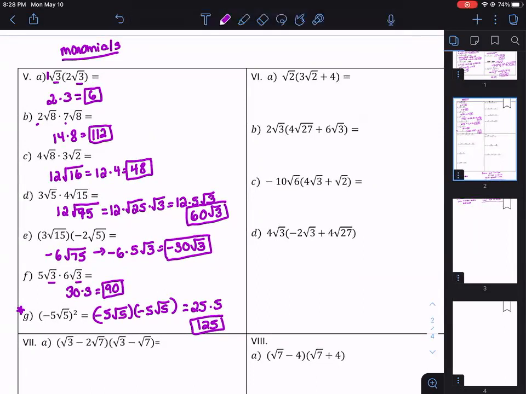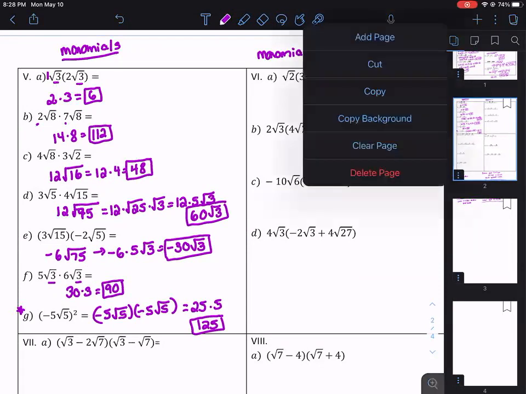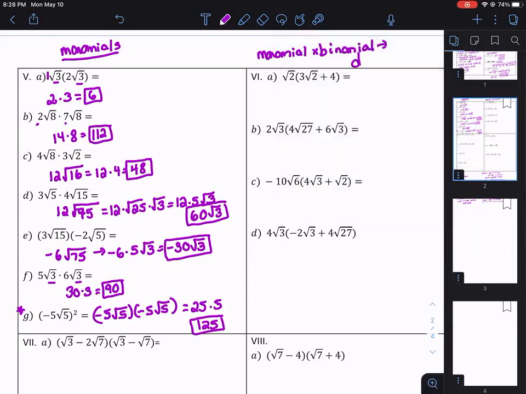Okay, so I'll give you a couple of moments there. Of course, if anyone has any questions, I can answer them on this part. We're now going to have monomial times a binomial, which means we're going to distribute. And then we have 2 more sections before we move forward.